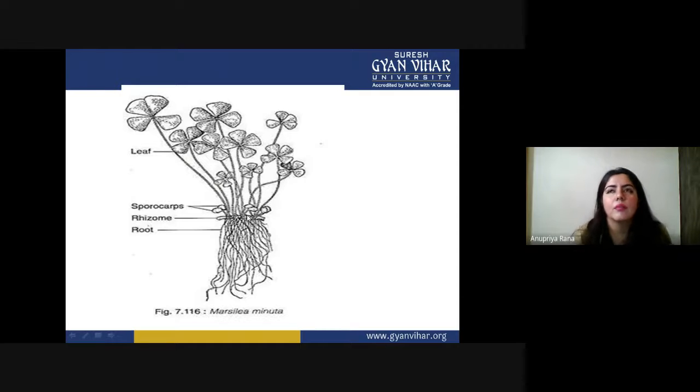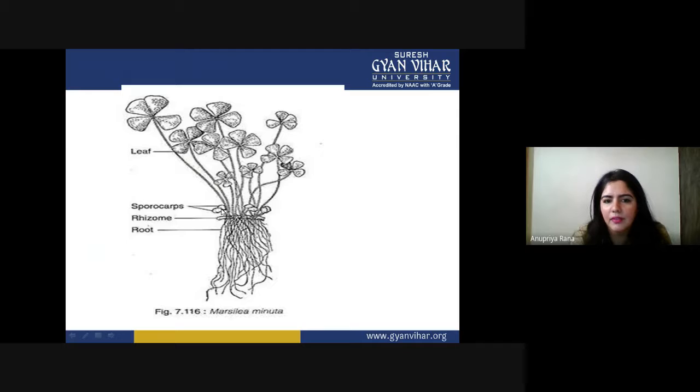Mostly, when we are talking about aquatic plants, root and shoot have a little combined structure. They are not very clearly differentiated between the stem and root. So the rhizome is considered the complete structure, shoot plus root, and the roots are separate. Also, there is the sporocarp.